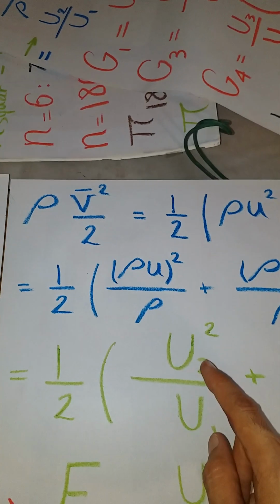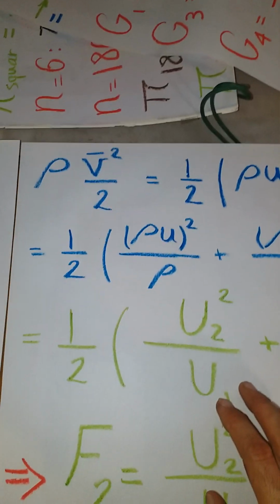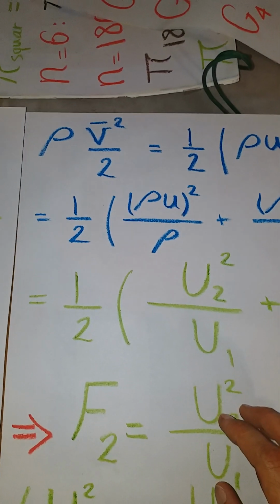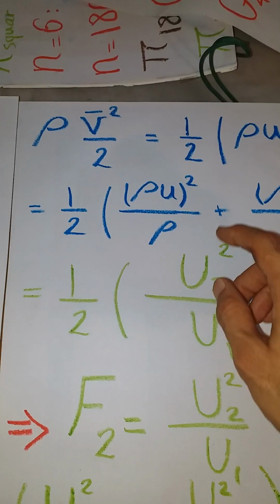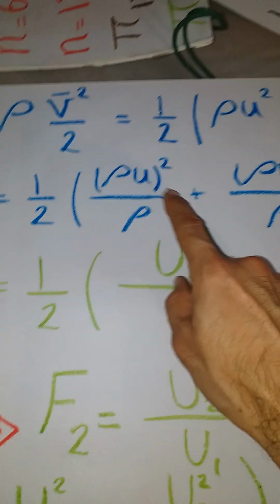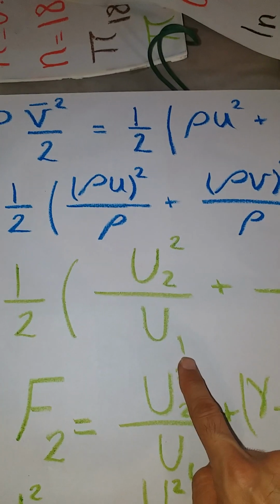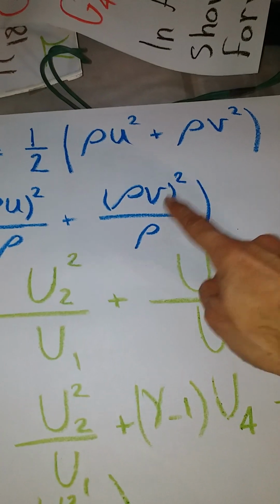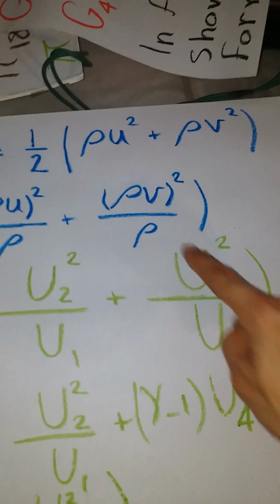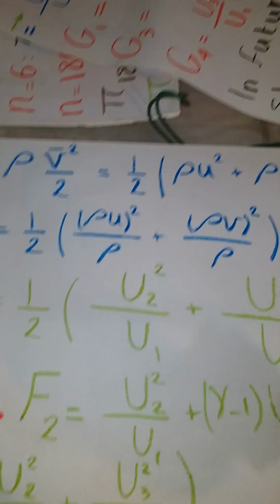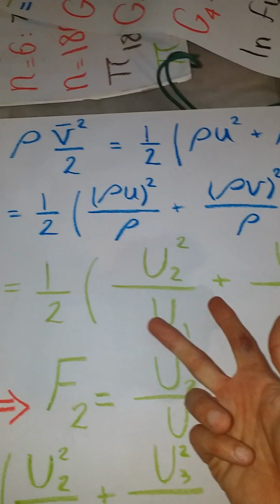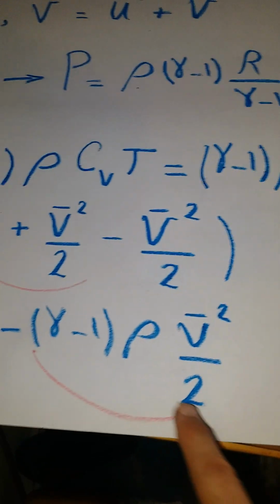And as you have seen in the vector of conserved variables, this is the u2 and this is u1, and for this one this is u3 and this is u1. Just substitute. Now put this back in this relation here.